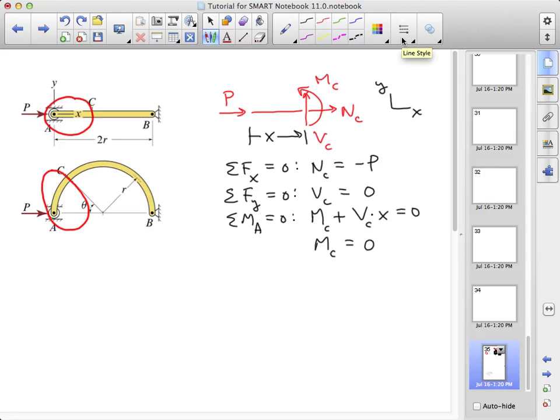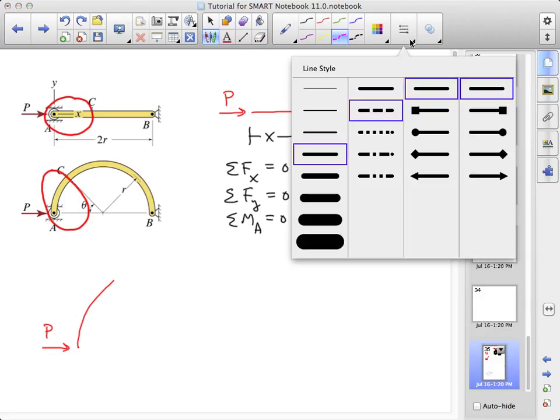For the semicircular member, our free body diagram will look like this, and we'll make a note here. We're going to use a different coordinate system that will be much easier in this case.